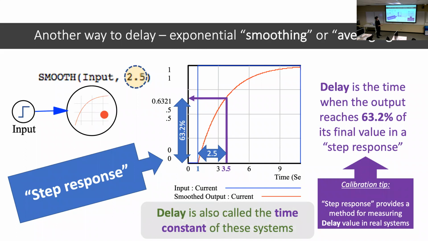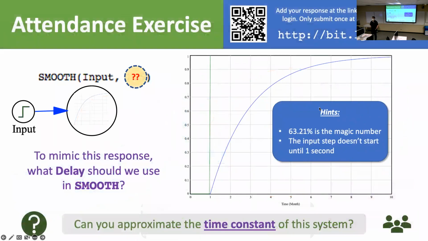And then, like I've been saying, this delay is also called the time constant, which is often used when talking about step responses. Because I just want to make sure we get to higher order smoothing, I'm not going to make this an attendance exercise, but we can do this in class here. There's a green line here that starts at 0 and goes up to 1, and then there's this blue line here, and you can see this is 0 and this is 100%.